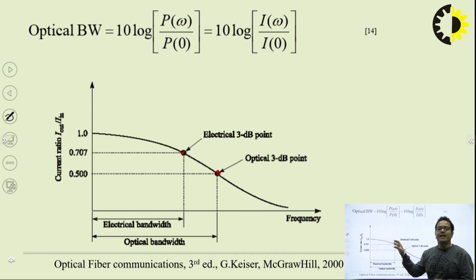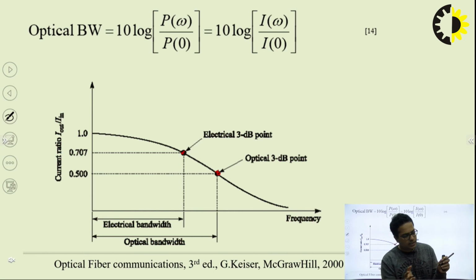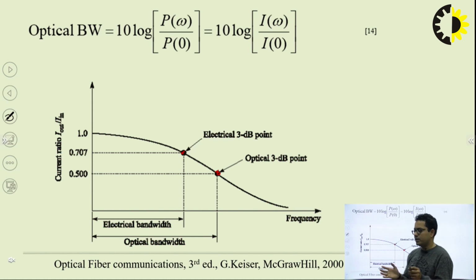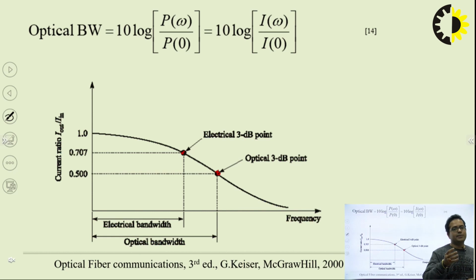The LED is basically used in the area of multi-mode fibers, because the LED spectral width is large in comparison to the laser. If the spectral width is large, it will support multiple modes, so it can be used in the multi-mode optical fiber, whereas the laser is used in a single mode optical fiber.